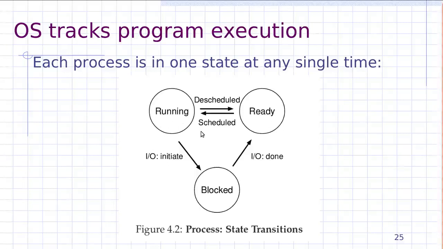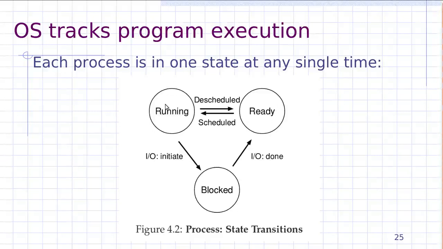But let's just say that for now we only have one core. So a program is running, some other program needs to run, you deschedule it, you go into the ready but not running state and let some other program run, and then when our program has to run again, the OS says, okay, this thing is ready, I'm going to schedule it to run.